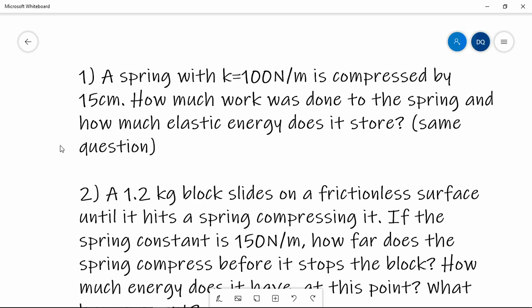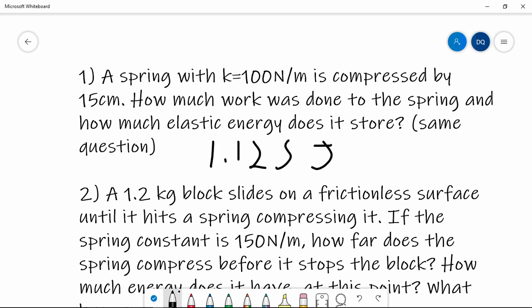So your K value is 100, so half of that is 50, times your x value, 0.15, and we're going to square it. And that should give you 1.125 joules. So that first one there should give you 1.125 joules using half kx squared.